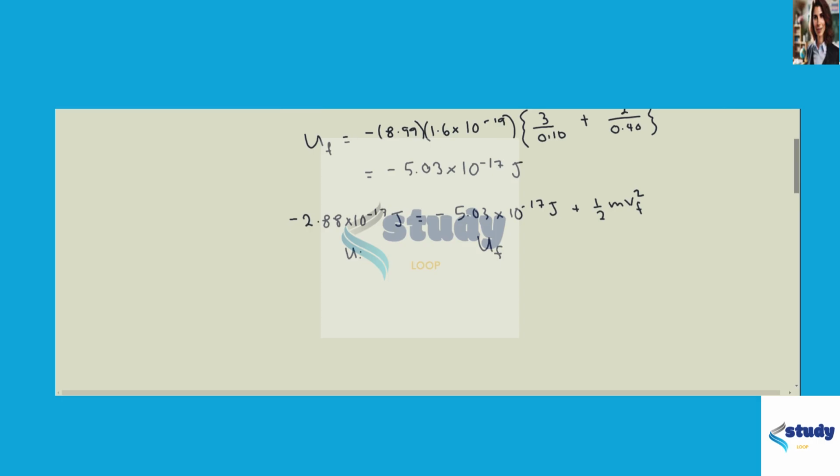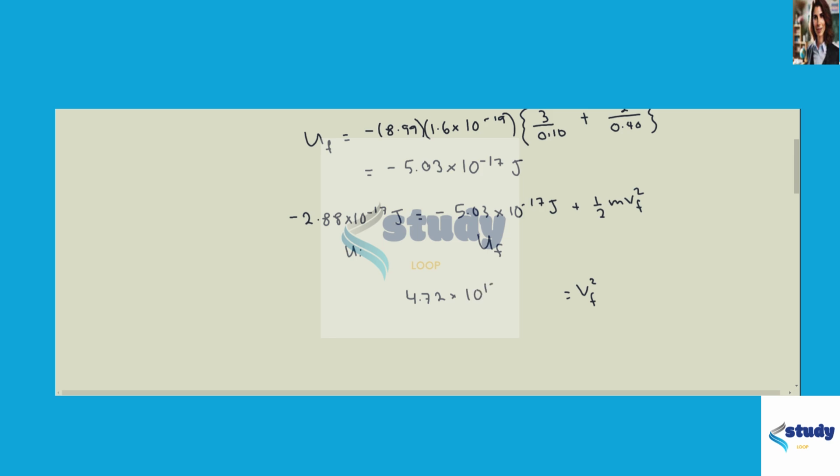I don't want to show too many of the intermediate steps, but what I finally wind up with is v final squared equal to 4.72 times 10 to the 13th, and that should be in meters squared per second squared. We've been using SI units.